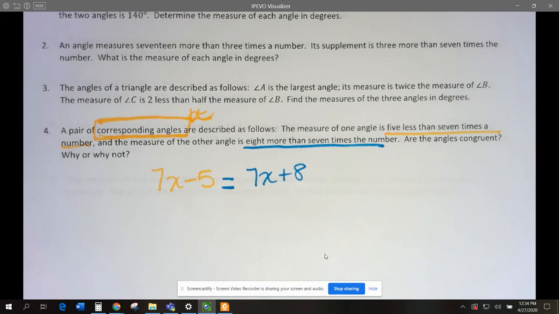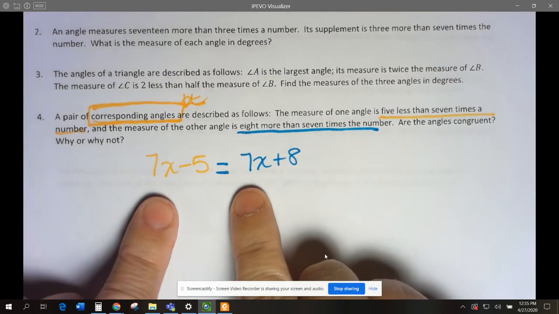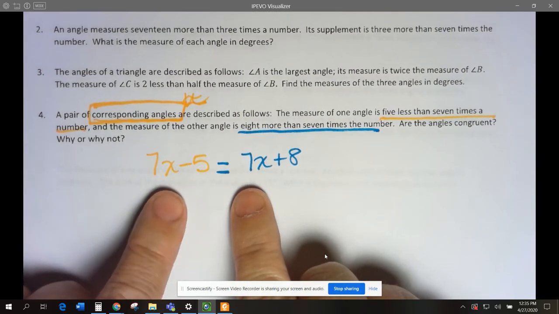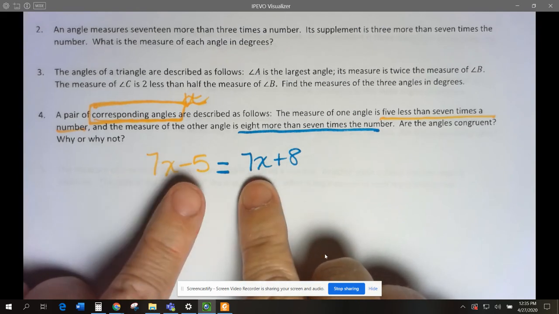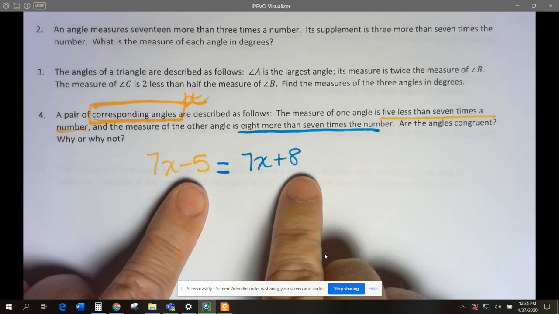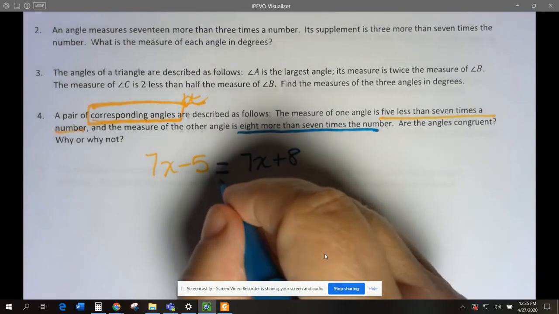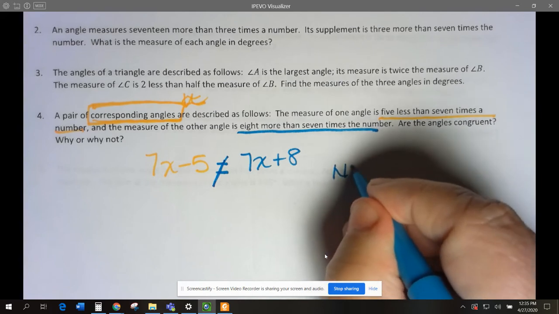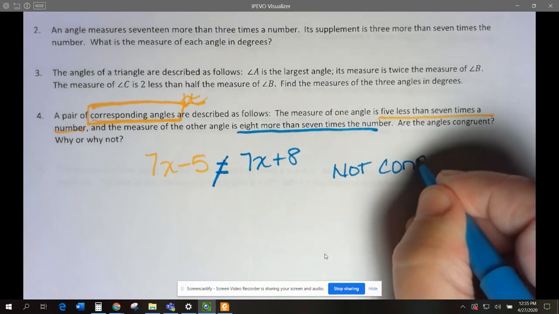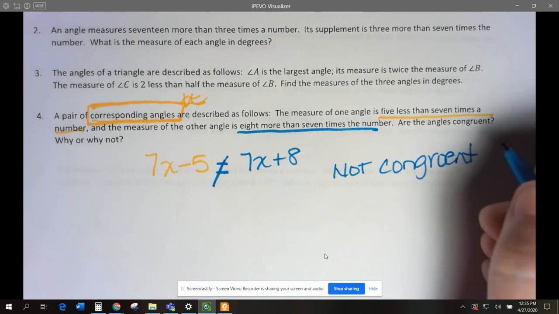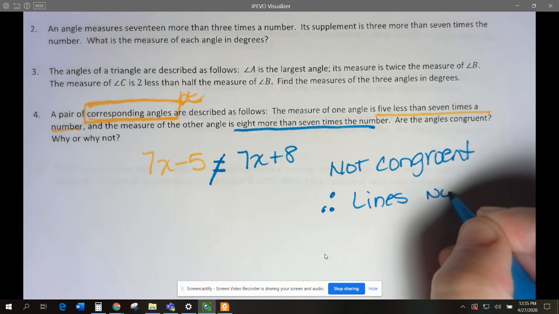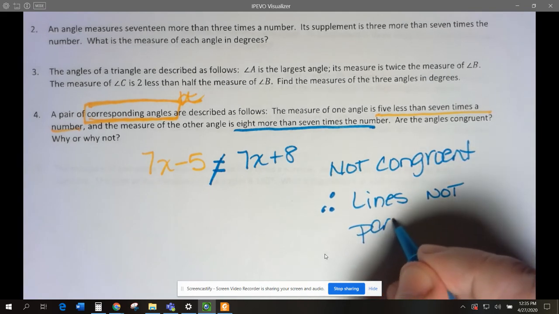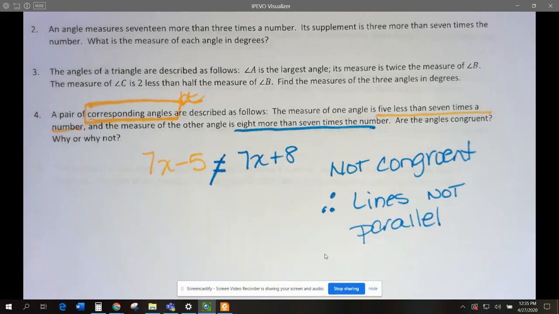Kind of looking at it, we can say no. If I start with 7x, here I subtract 5 from it, and here I add 8 to it, how's it ever going to be? If I start at the same point, how can subtracting 5 and adding 8 get us to the same point? So no, although they're corresponding, they are not congruent. Therefore, lines not parallel. That goes way back to Module 2.